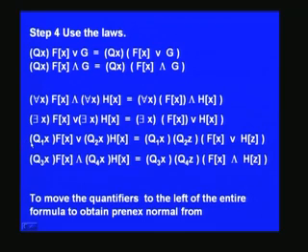Now, if you have q1 x f of x or q2 x h of x, then how can you bring out the quantifiers? Q1, Q2 can be for all or there exists. How can you take them out? Now, this quantifier is binding this portion, and this quantifier is binding this portion. So, the best thing for us will be to rename one of the variables. So, keep x here, and instead of x you write it as z.